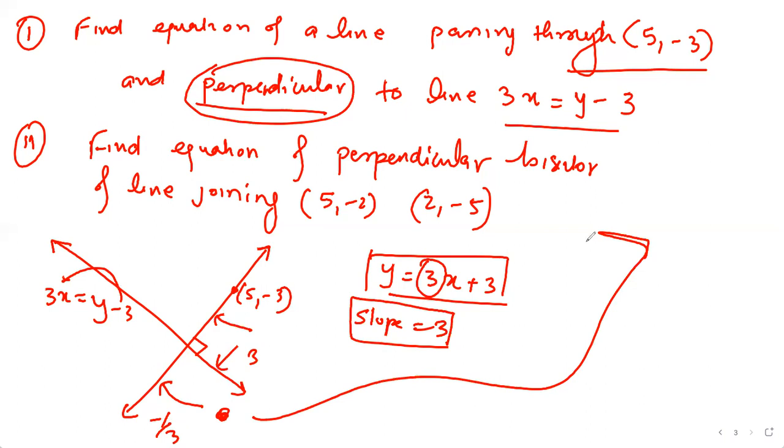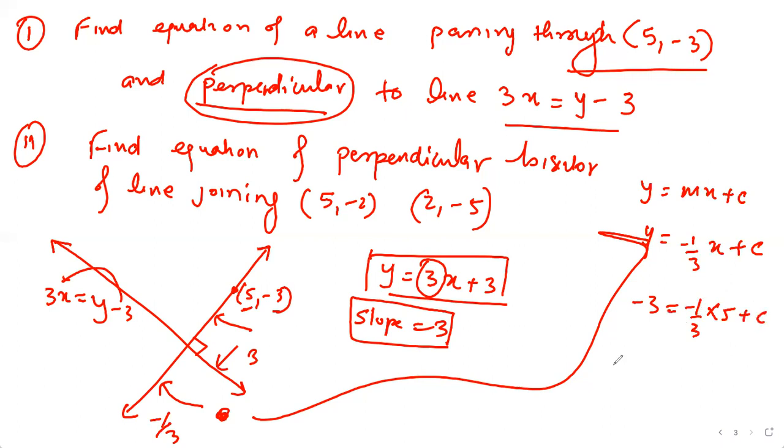And now, since we got the slope and a point through which it passes, I can find the equation. The equation is going to be y equals mx plus c, so y equals negative 1/3 x plus c. Since I have to find the c value, I'm going to plug in x as 5 and y as negative 3. So negative 3 equals negative 1/3 times 5 plus c.